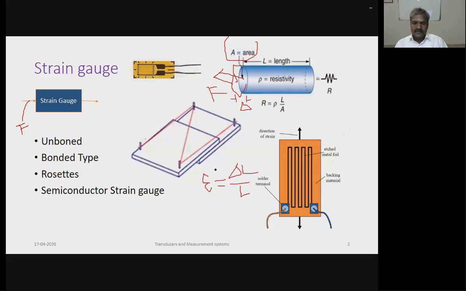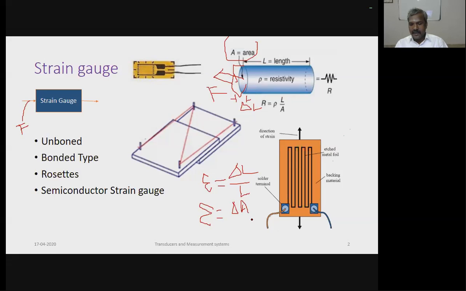So strain can be in general any dimension. If it is a volume, the change in volume to original volume is called volumetric strain, or bulk strain. If it is area, del A, or diameter, then if we apply a tensile or compressive force, there is a change in the area of cross section.